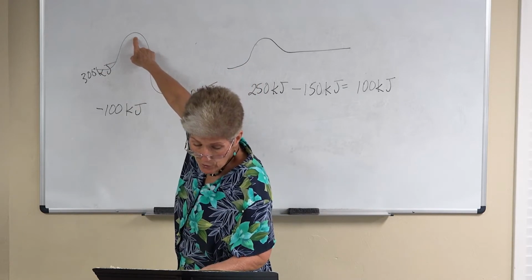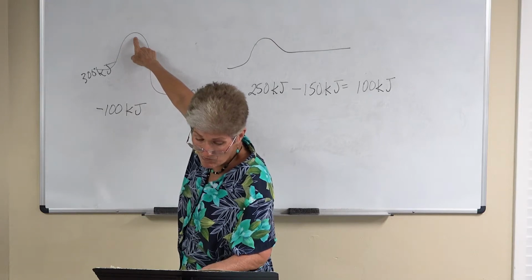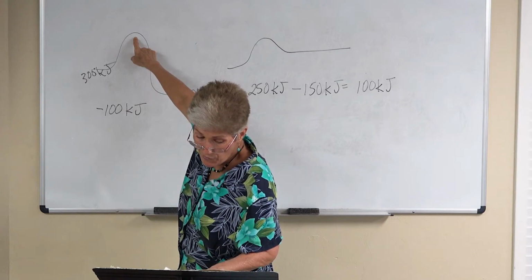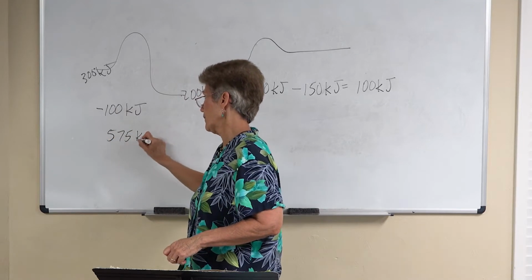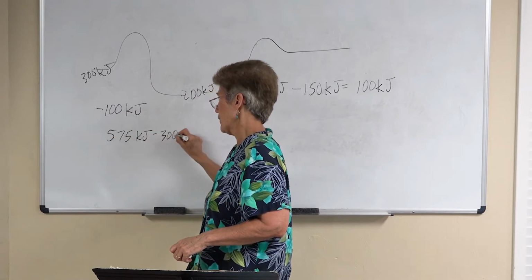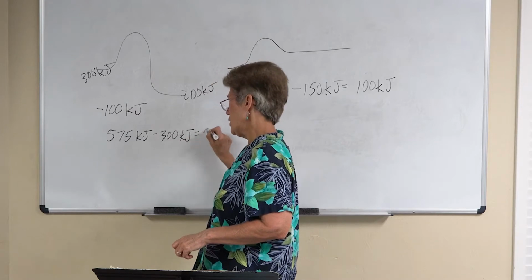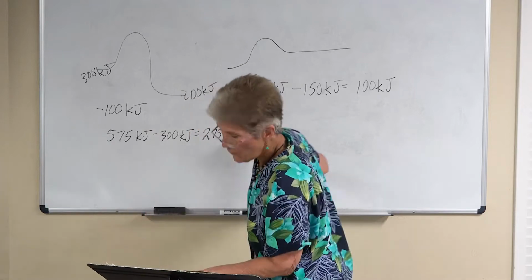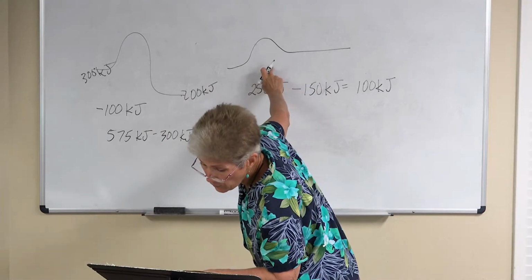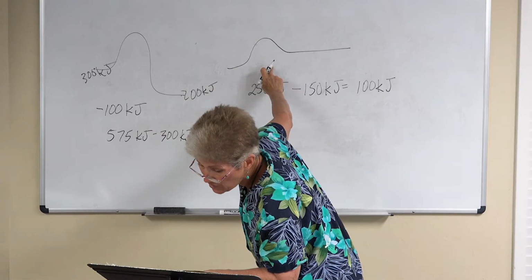Well, this one goes to, I would say, 575 minus 300. That is my estimation. Which is going to be about 275 kilojoules for that activation energy. This one over here goes up to, oh, I don't know, let's say 350.